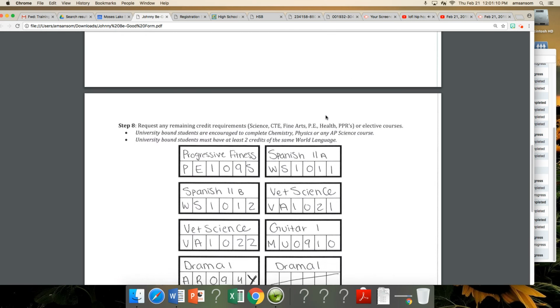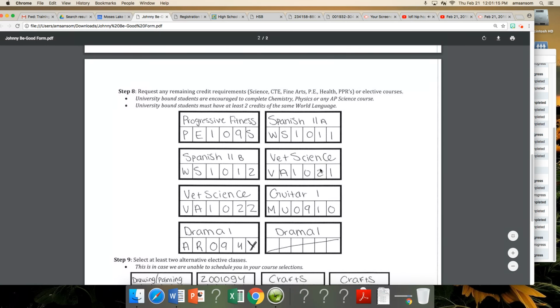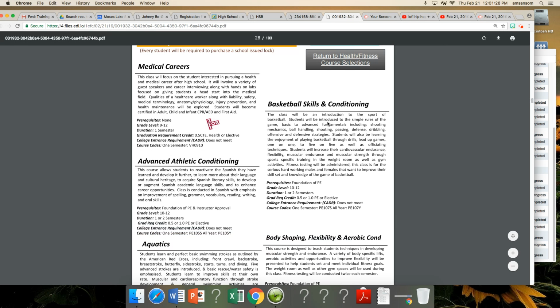Remember, Johnny's pretty into animals and veterinary, so vet science really interests him. He already took animal science. He sees that animal science is a prerequisite for vet science in the course guide. That's important to be paying attention to.